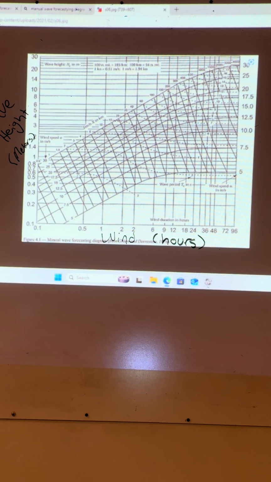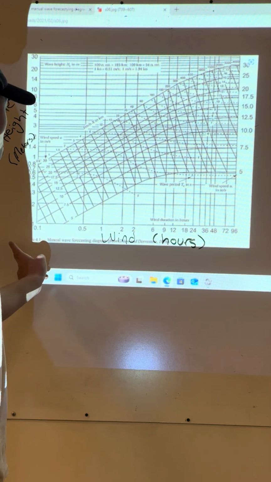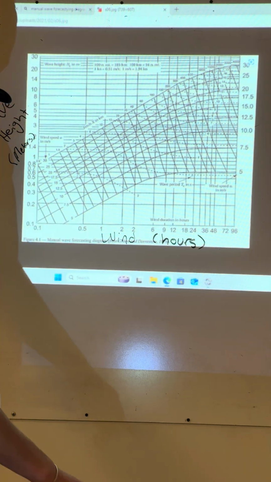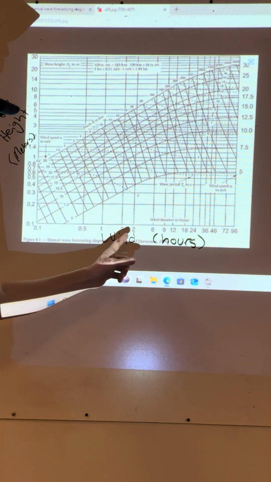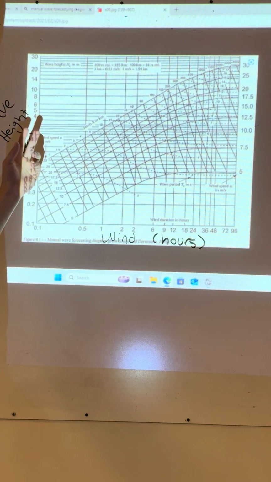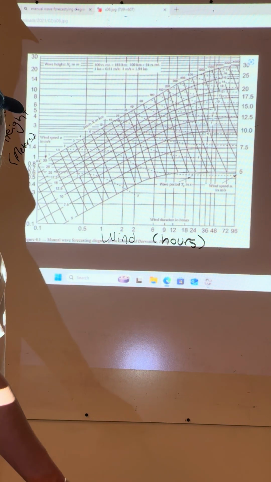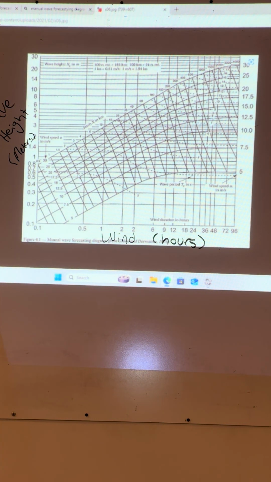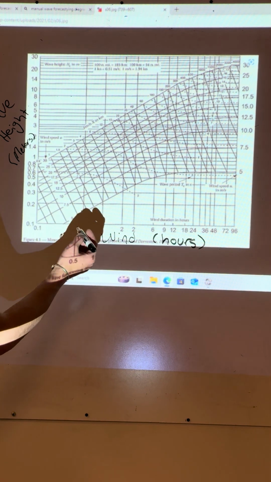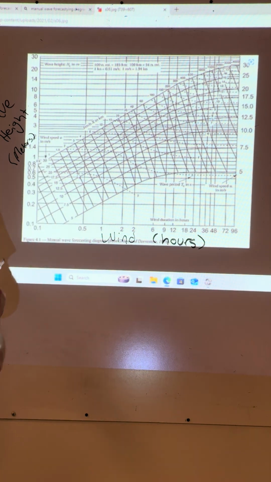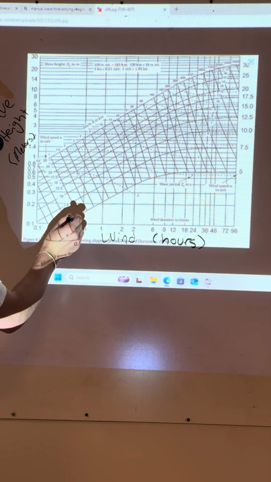Okay, so maybe this is a graph dealing with wind and waves. I know that the longer wind blows, maybe it makes sense the waves get bigger or something like that. Okay, wind speed in meters per second. What is that? We have an additional axis here.